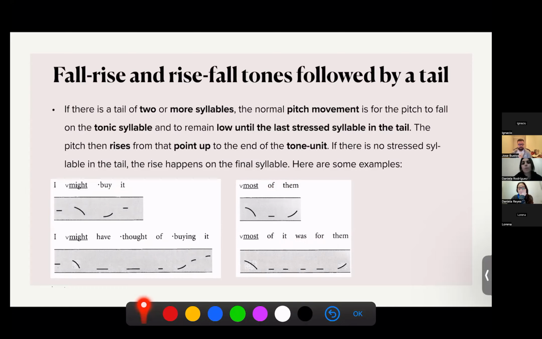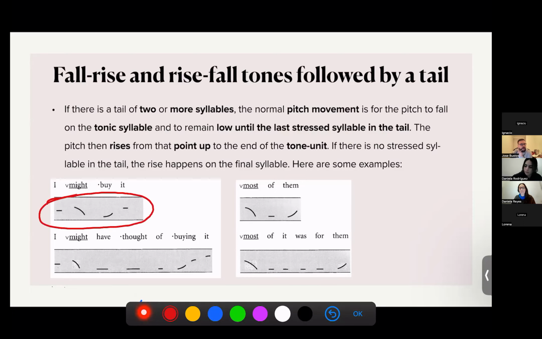So if there is a tail of 2 or more syllables, the normal pitch movement is for the pitch to fall on the tonic syllable and to remain low until the last stressed syllable in the tail.